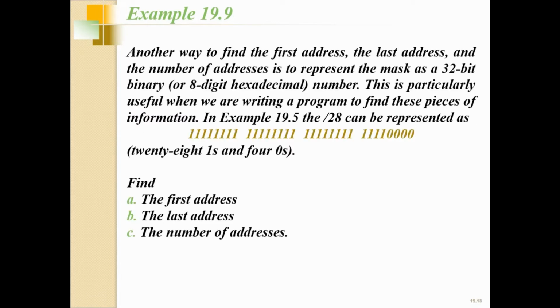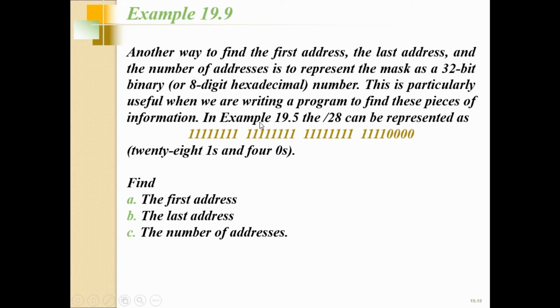So here we are given another way to find the first address, the last address, and the number of addresses by using the mask. This is particularly useful when we are writing a program to find this information.